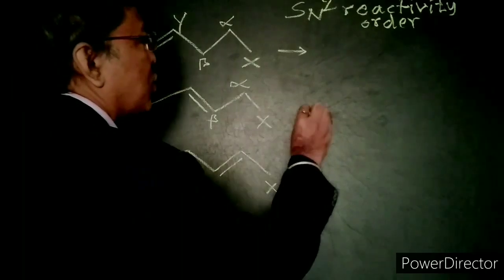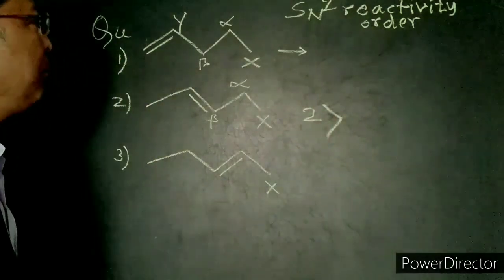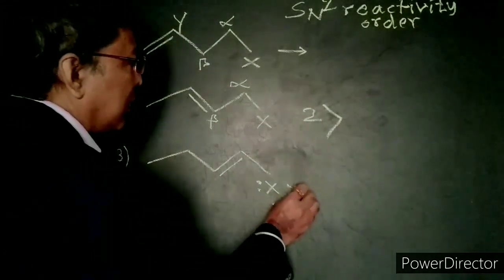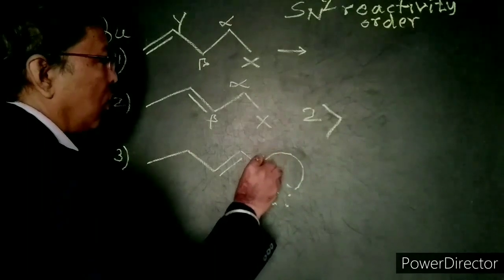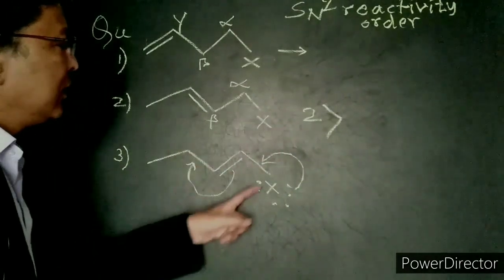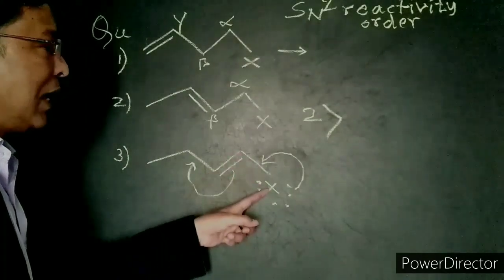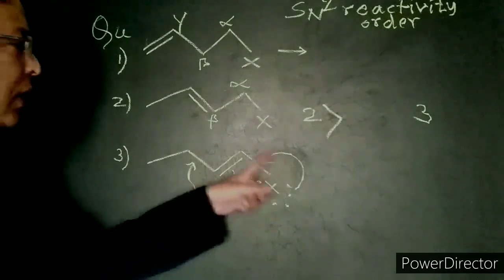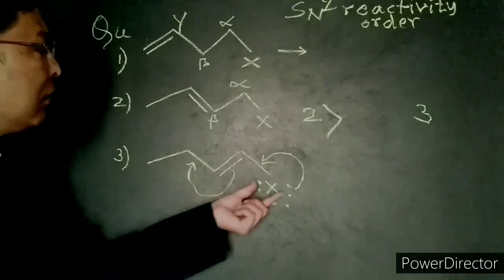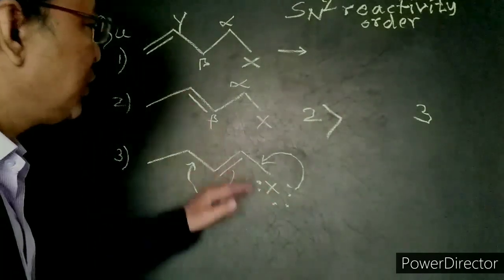Therefore, the second structure will undergo SN2 reaction rapidly, and between these two structures, as you see here, the bonded electrons undergo resonance, and due to resonance, there is a double bond character between the carbon and the halogen atom. The halogen becomes a difficult leaving group, so it has least priority.